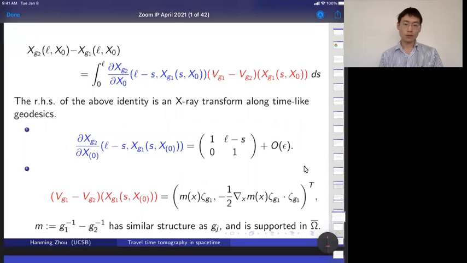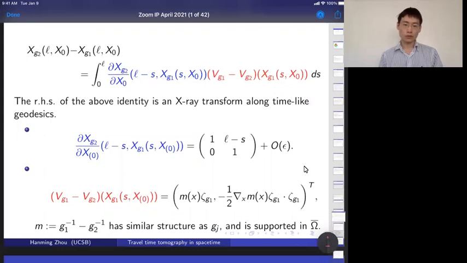As I mentioned before, most of the X-ray transform work so far in the Lorentzian setting is mainly for the light ray transform. So here we need to treat the X-ray transform along time-like geodesics, and the blue part you can treat as a weight for this ray transform.